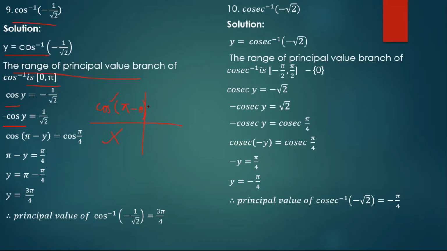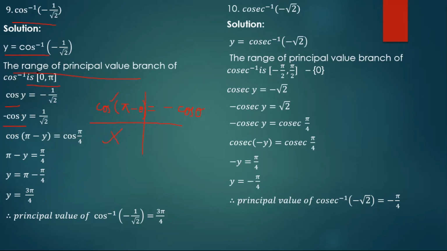When it is pi, it does not change. It changes for pi by 2 and 3 pi by 2; it does not change for pi and 2 pi. So when it is pi, it does not change. Since it is the second quadrant, we put a negative. So since there is no change, we write negative cos theta. So negative cos y means cos pi minus y. Is it clear? Why didn't we take the third quadrant?